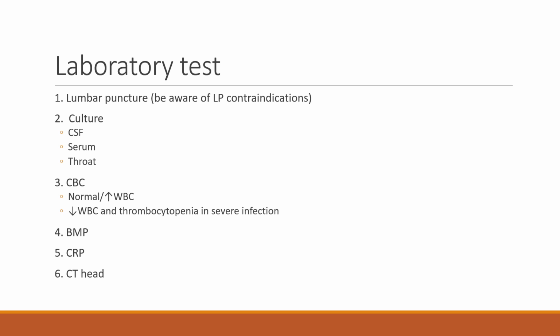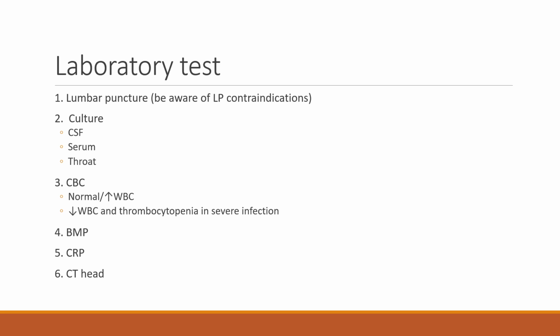So you may order a head CT. Just bear in mind to always exclude any contraindication before you perform a lumbar puncture, or else in the worst case it may cause cerebral herniation.